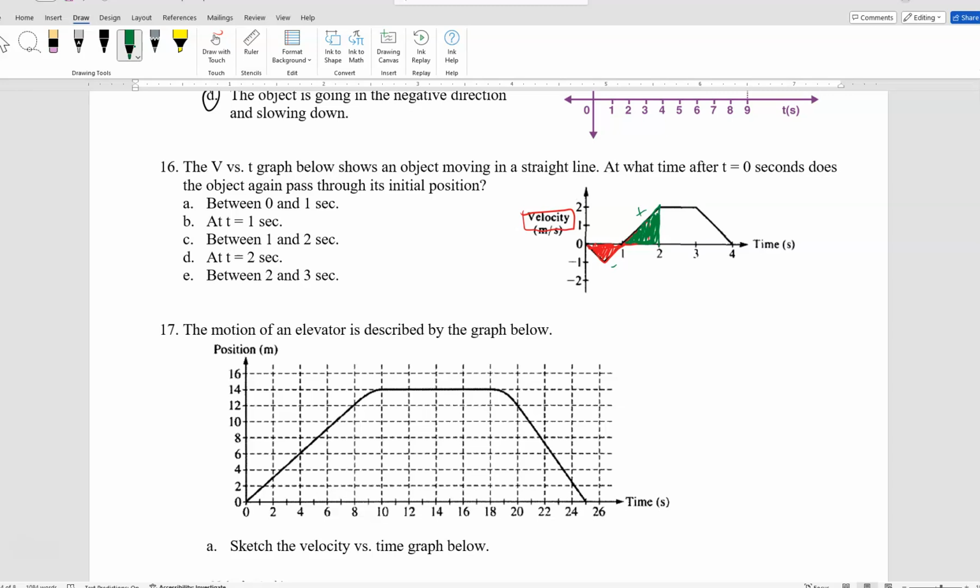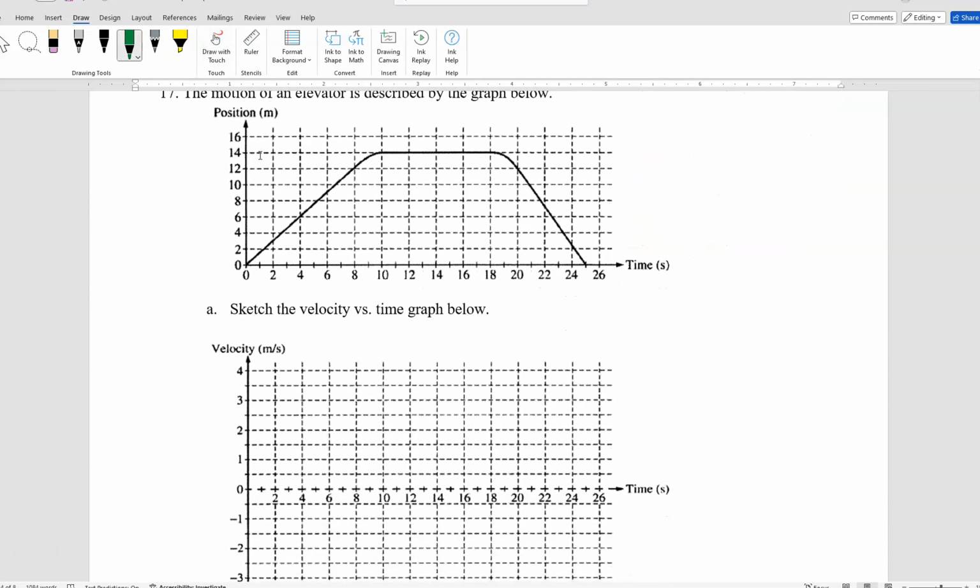So that would lead me to conclude that somewhere in this region, right around in here, is when those two triangles have the same distance, the same shading. So that's when the object has crossed back to where it started. So that's somewhere in between 1 and 2 seconds.